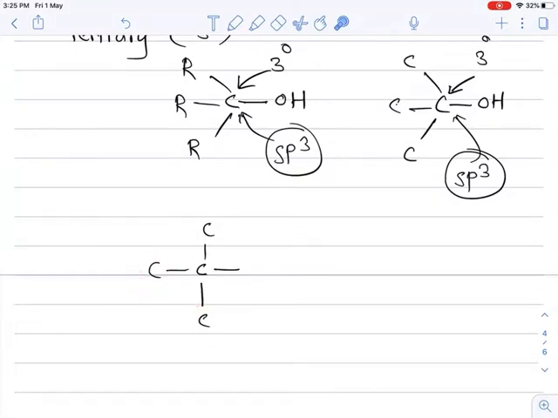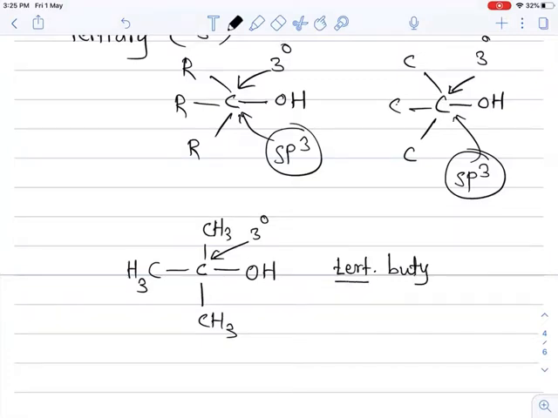This is the tertiary carbon to which the OH group is attached. Now complete the valency of the other carbons by hydrogen. Here CH3, here CH3, and here CH3 is there. So the common name for this alcohol is tertiary, TERT for tertiary as a prefix, butyl alcohol, tertiary butyl alcohol.